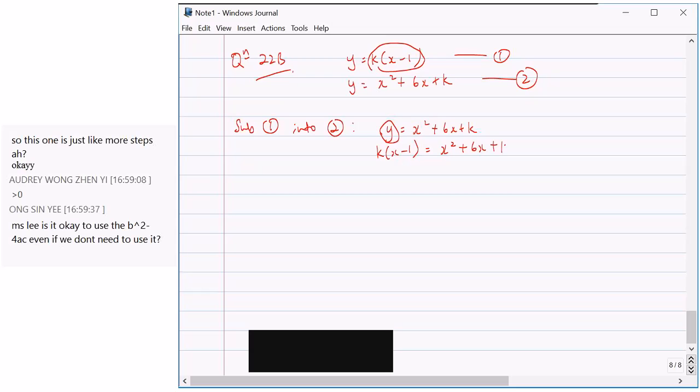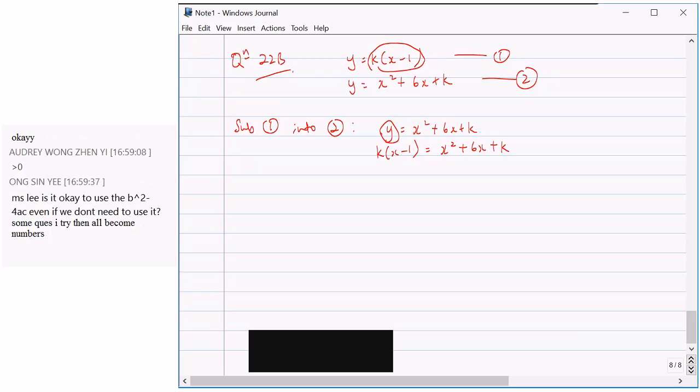Xing Yi got a very interesting question. Usually questions coming from this topic, when it involves a quadratic equation, will have to do with b squared minus 4ac. I try then all become numbers. What do you mean by that? Not always have alphabet, but do you remember earlier when we first learned about discriminant?